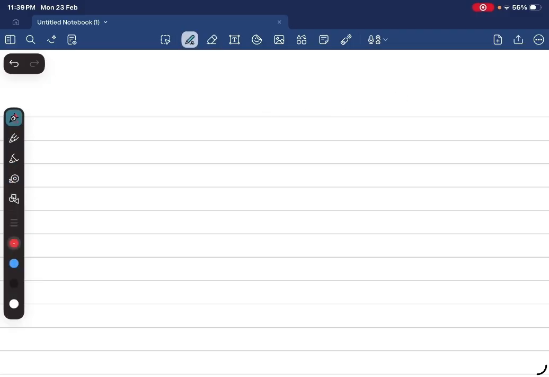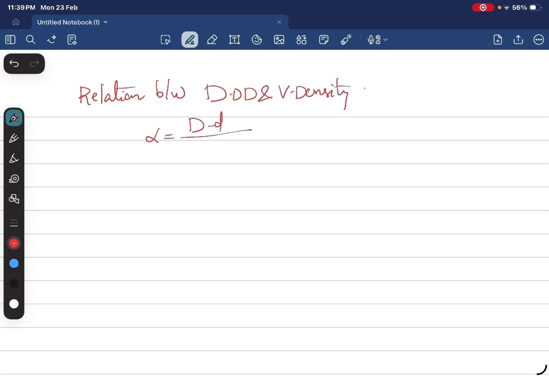Next one, relation between DOD and vapor density. You can write alpha equals D minus small d by small d into n minus 1, where n is not equal to 1. Here alpha is DOD only, the degree of dissociation.